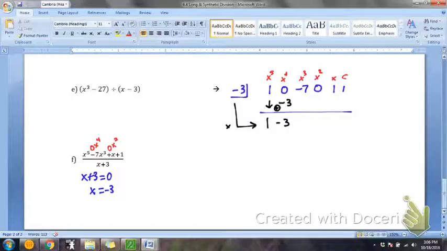Go back to the pocket number, -3 times -3, 9. Add those together, gives me a 2. Go back to the pocket, -3 times 2, -6. Add these together.